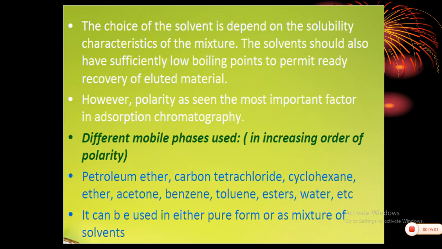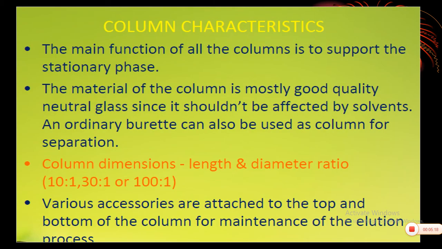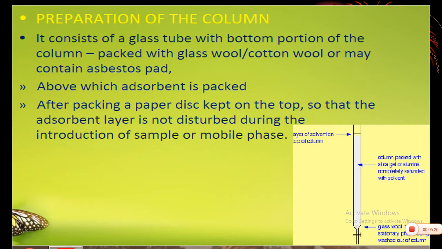Different mobile phases are used in column chromatography: petroleum ether, carbon tetrachloride, cyclohexane, ether, acetone, benzene, toluene, esters, water, etc. It can be used in either pure form or in the form of mixture. Then the main function of the column we have seen. These characteristics also we have seen earlier.